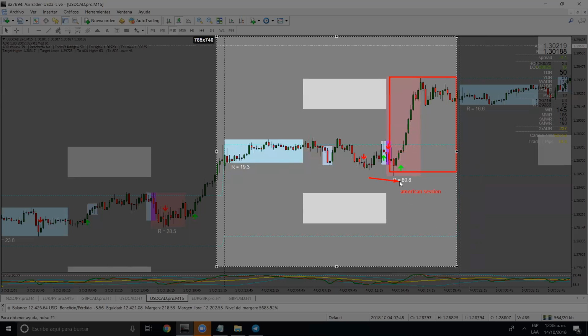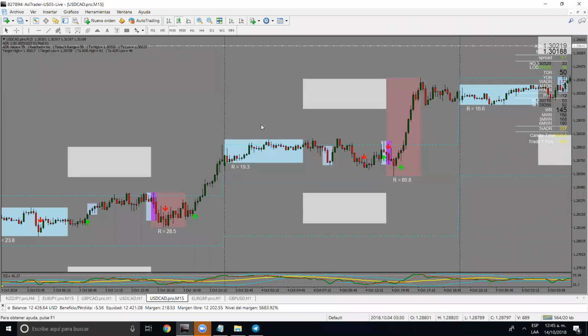You can watch it move 80 pips in the American session. This is the biggest part of the market maker method template.